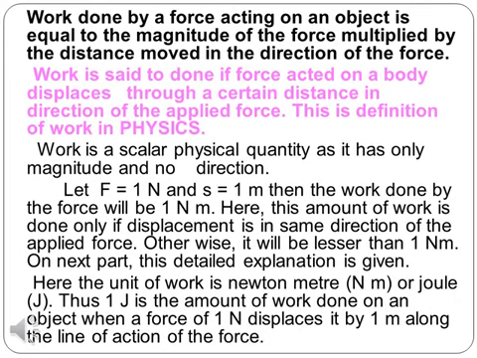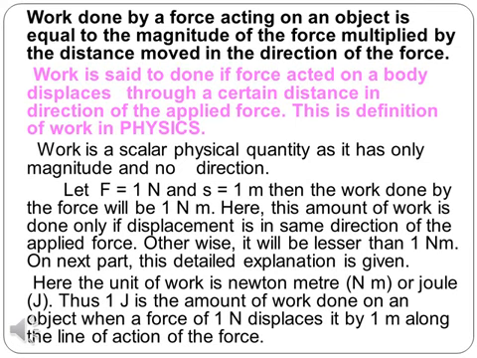Work is a scalar quantity as it has only magnitude and no direction. Let the force applied on a body be equal to 1 Newton and the displacement of the body be equal to 1 meter. Then the work done by the force will be equal to 1 Newton meter.